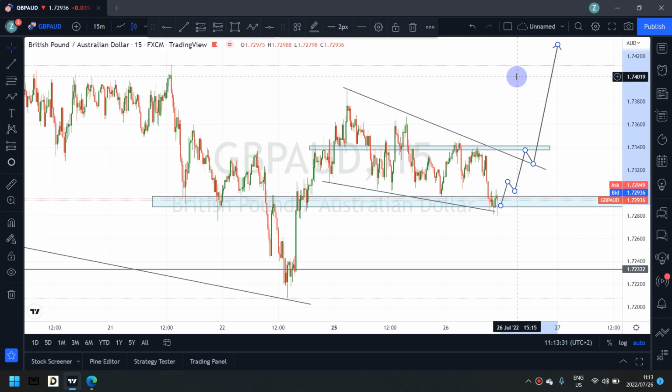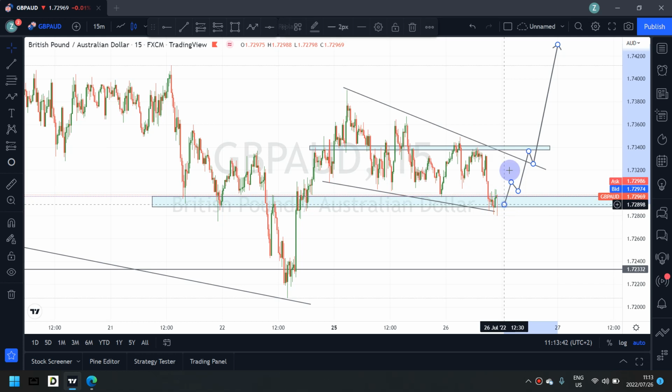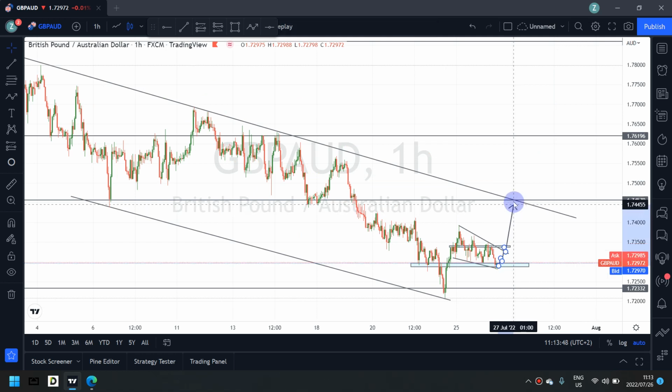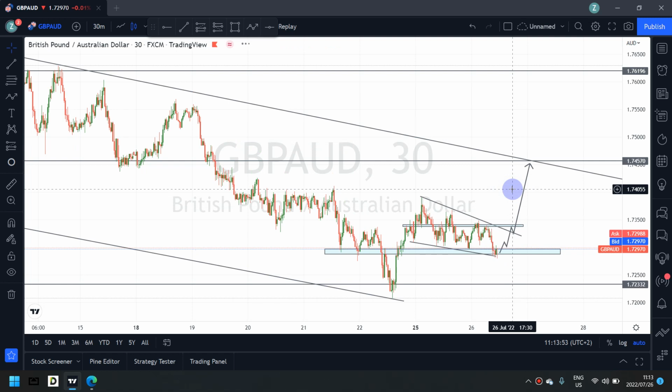That's one way that can keep you disciplined and stick to your trading plan, right? You should write it down on your trading plan. No setup, no trade. So this is the setup that I have for this pair, right?